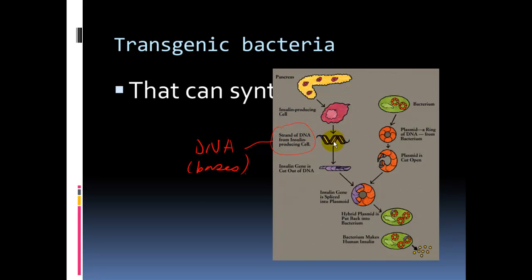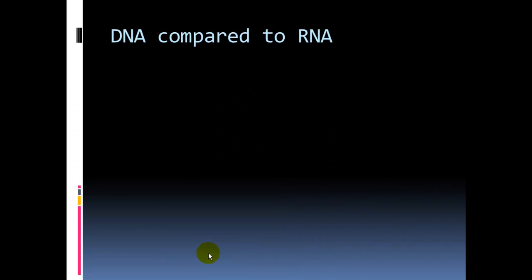This is cut out, removed, and added into a host bacterium that then will make the human insulin. This is the product that we want at the end to use, but to get that, we create a transgenic organism, in this case the bacterium, and we would make lots and lots of these bacteria.